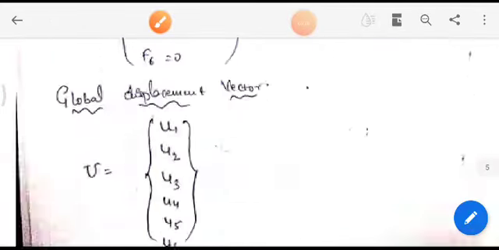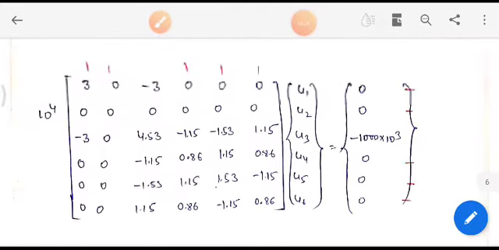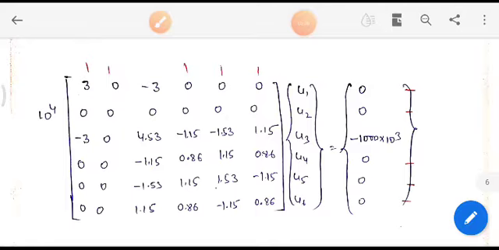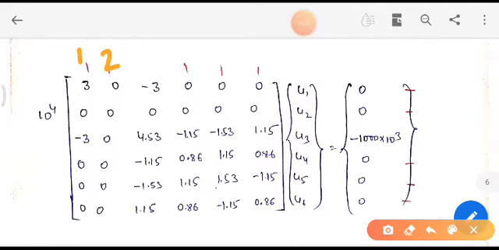Now here we have the equilibrium equation. This is the first row, second row, third row, fourth row, fifth row, sixth row, and likewise the columns.